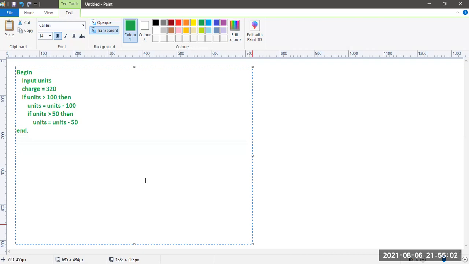If this was not greater than 50, else what? They are going to charge 2.75 each.